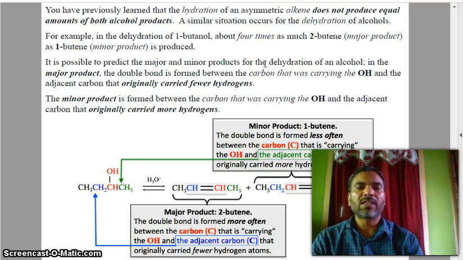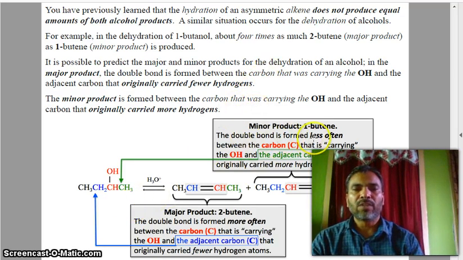The minor product is formed between the carbon that was carrying the OH and the adjacent carbon that originally carried more hydrogens. So look at this minor product, 1-butene: the double bond is formed less often between the carbon carrying the OH and the adjacent carbon that originally carried more hydrogen atoms.